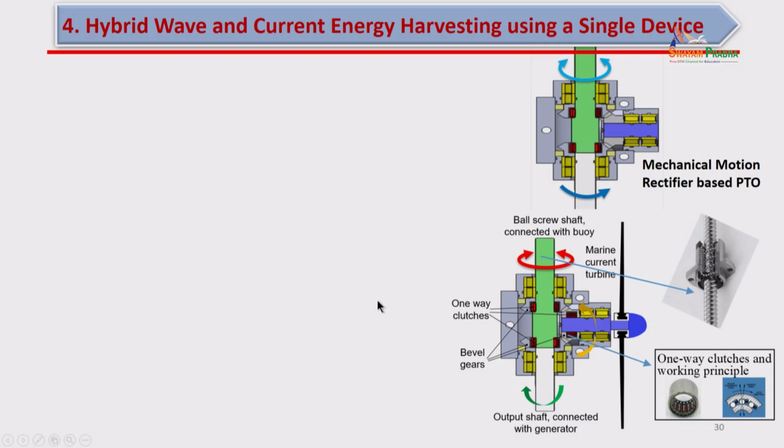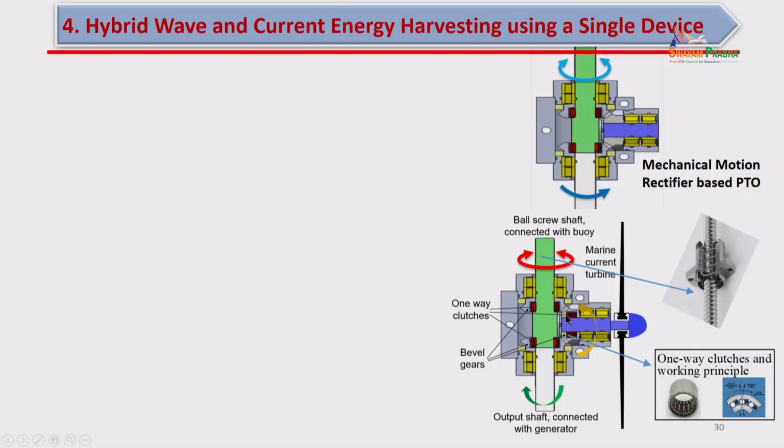Another very interesting thing I want to show you is this figure, this gearbox I mentioned with the one-way clutch. These two figures look almost the same, but you have another turbine, and the difference is you have a third one-way clutch.